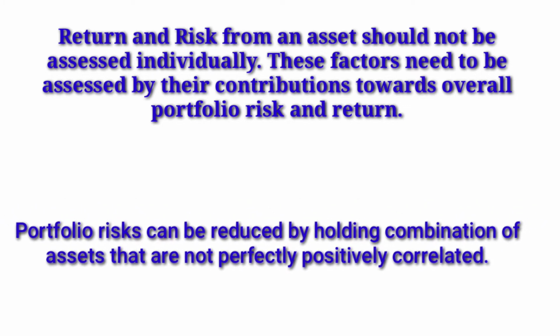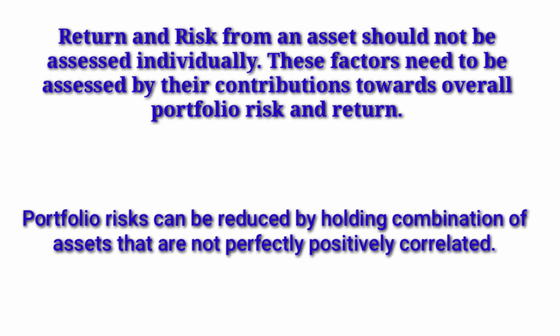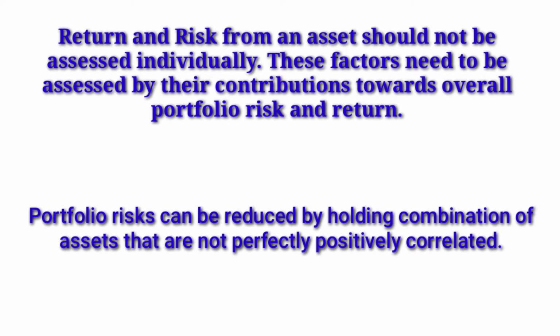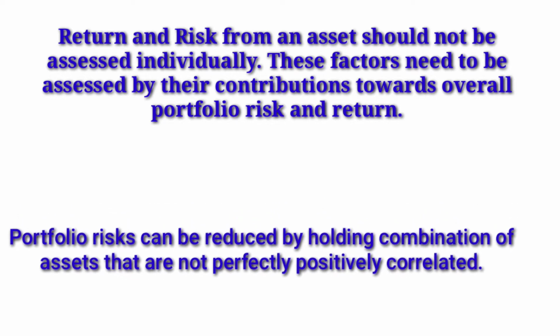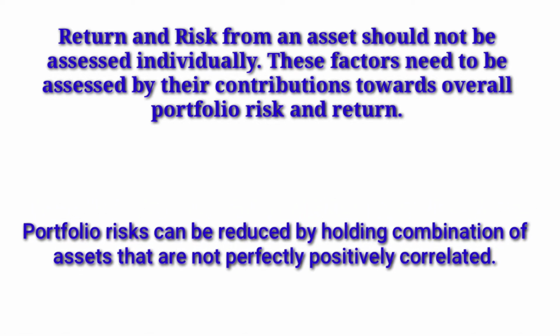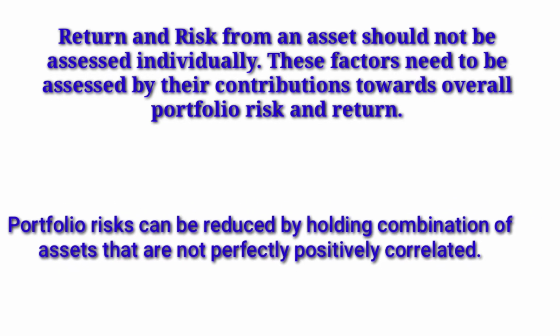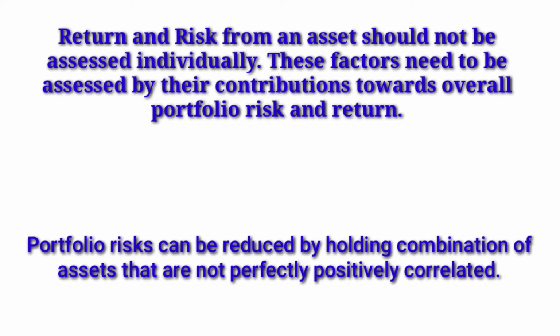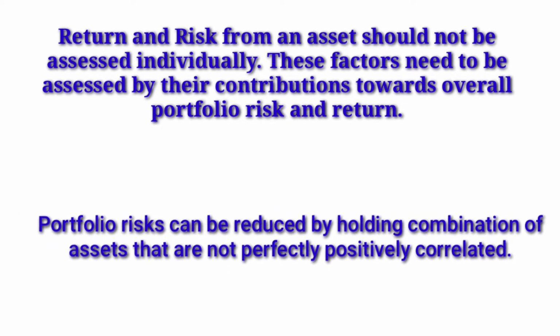Investors can reduce portfolio risk by holding combinations of assets that are not perfectly positively correlated. In other words, investors can reduce their exposure to individual asset risk by holding a diversified portfolio of assets.